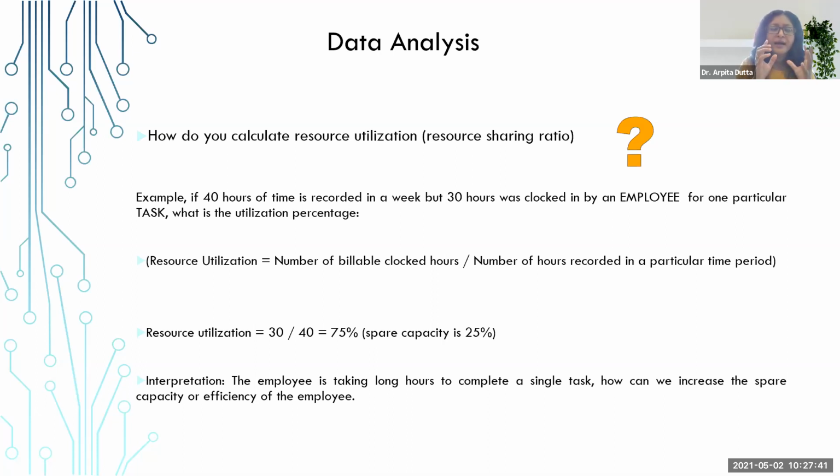Person A is able to produce 10 units in 1 hour. Another person is able to produce 15 units in 1 hour, but there are a lot of defects in those units, vis-a-vis person A, who is able to take care of the product while producing those 10 units.